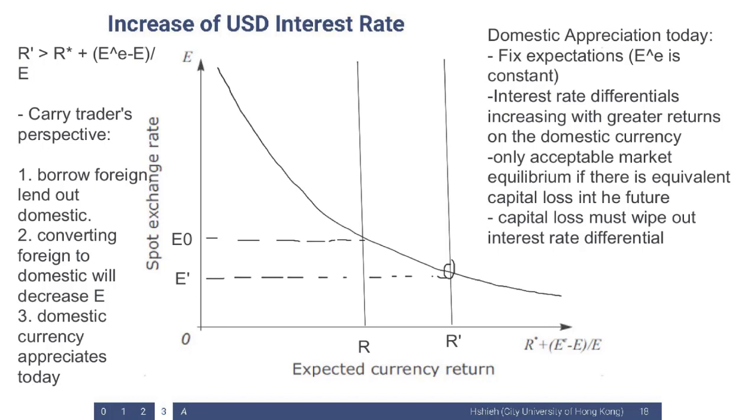And let's suppose we have an increase in interest rates. So I'm going to use R for the previous interest rate. I'm going to use R prime to note the change, the new value.